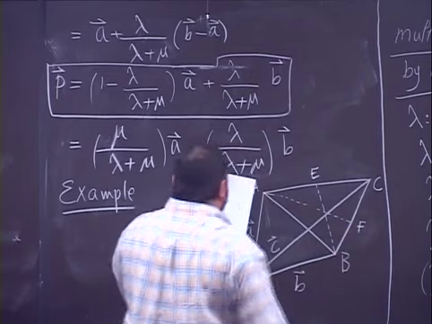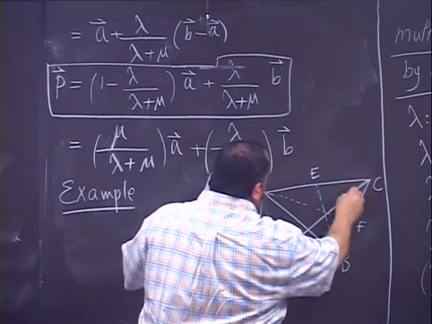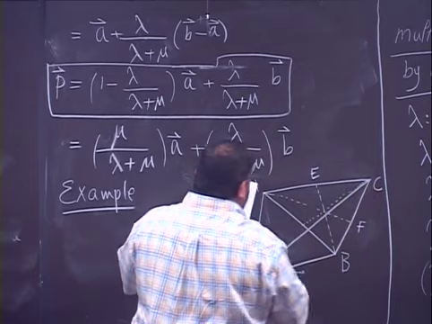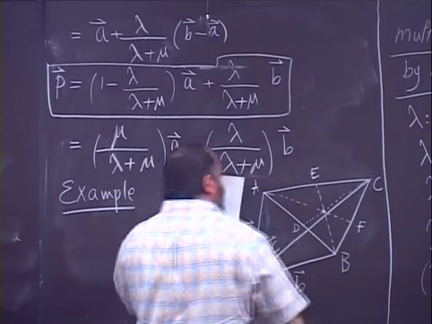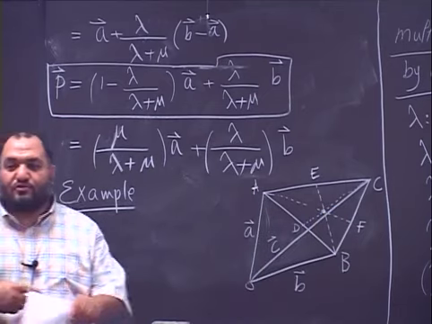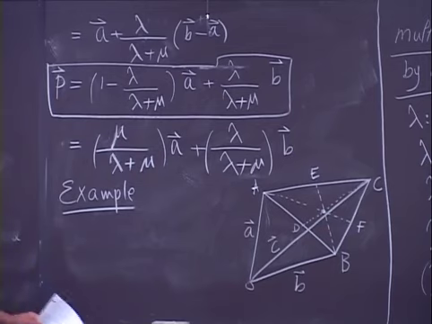This would be point F, and then from here to here, this will be point D, and the point of intersection of those three dividing lines will be the point of interest, G.